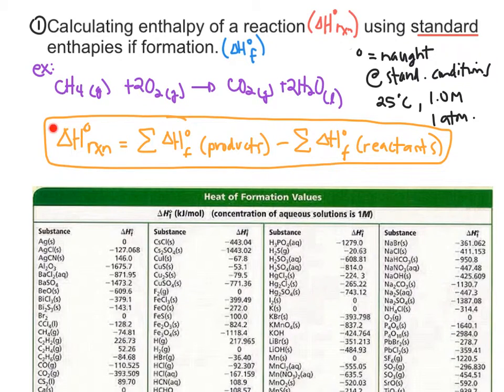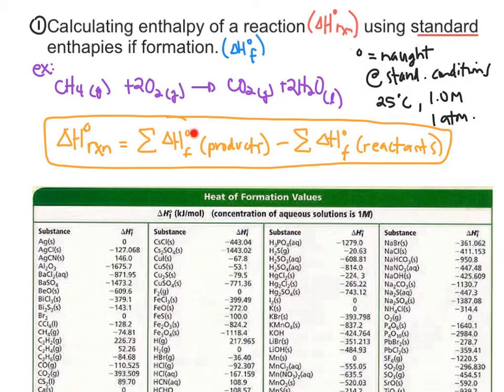If I'm going to calculate the enthalpy of this entire reaction, what I'm going to do is sum up. That little sigma means the sum of. I'm going to sum up the delta H of formation of my products, and I'm going to subtract the sum of the delta H of formation of my reactants from that.